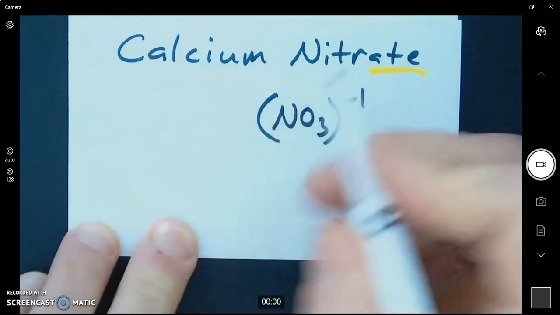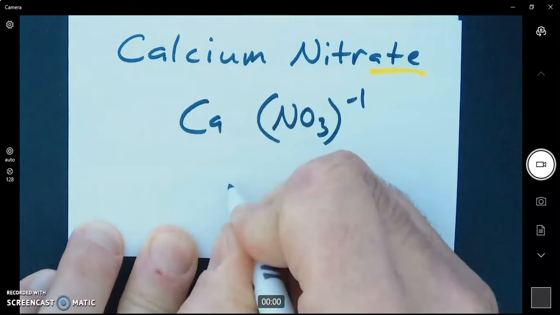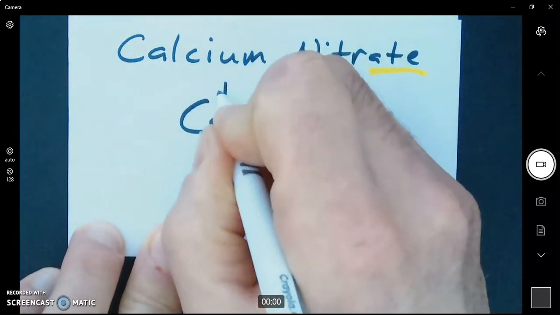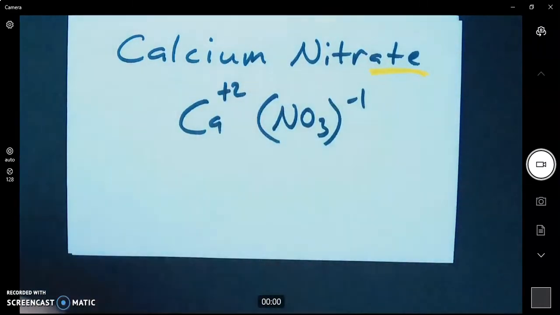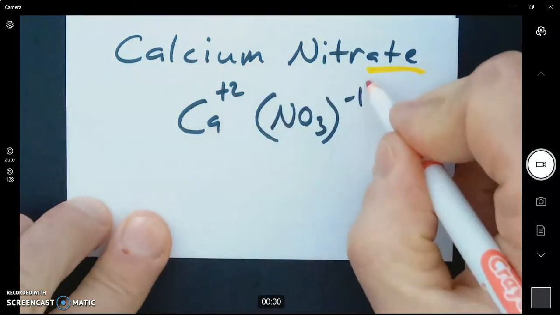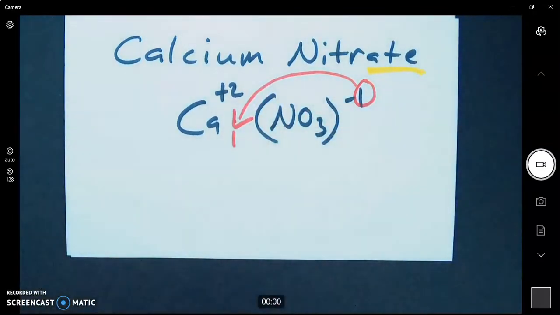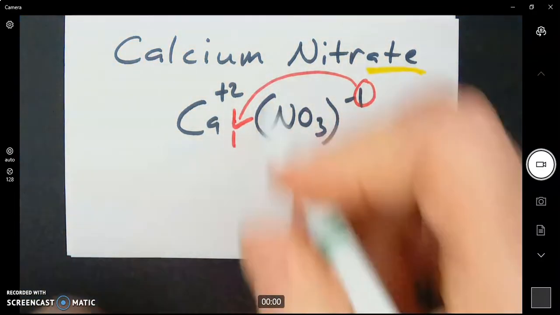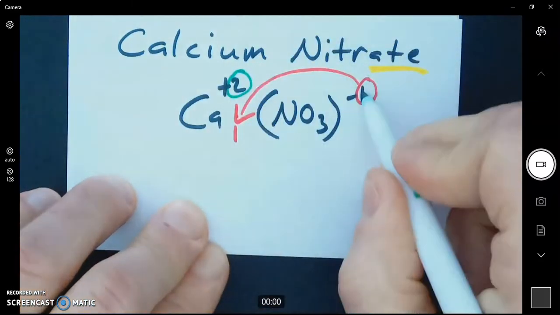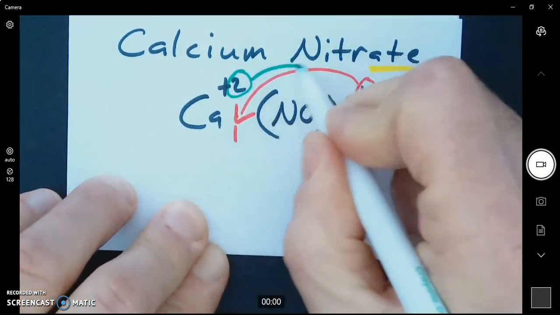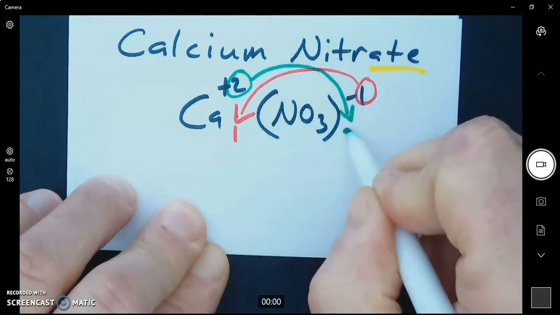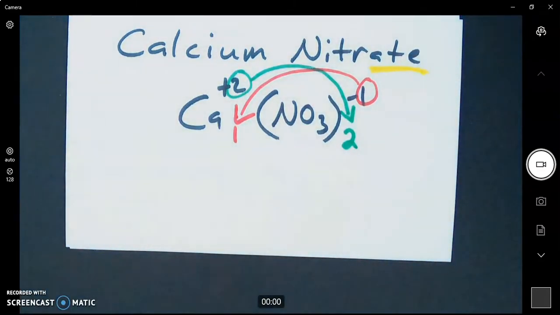Calcium, we know that's in group 2, Ca. Everything in group 2 has a +2 charge. And then we're going to cross, drop, and simplify. So we're going to bring the 1 over here. And then we're going to take the 2 from the calcium. Just like the charge is outside the parentheses, our cross and drop has to go outside the parentheses.